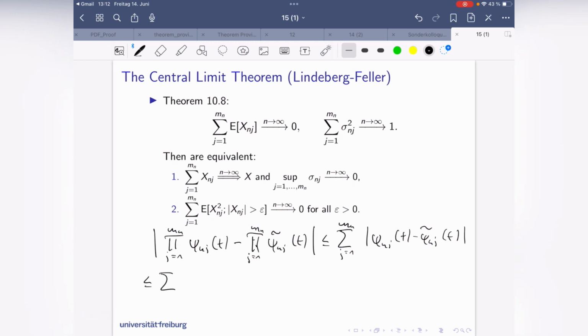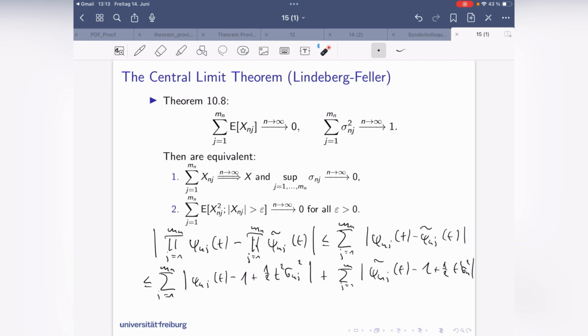So something like this here: psi nj of t minus, and then I use the Taylor series approximation of the exponential up to second order, 1 minus 1/2 t square sigma nj square, plus the sum, and here I'm doing psi nj tilde of t minus 1 minus 1/2 t square sigma nj square.